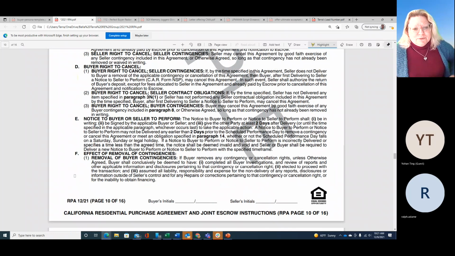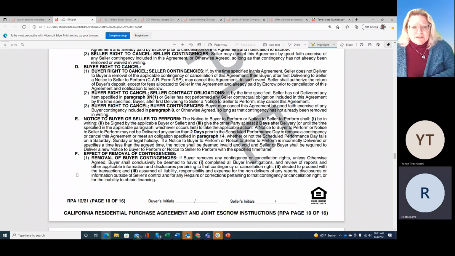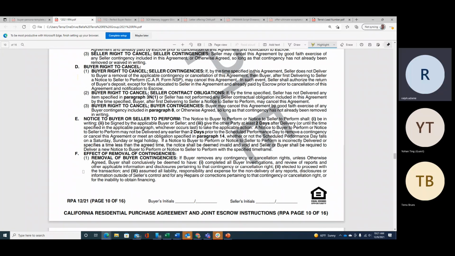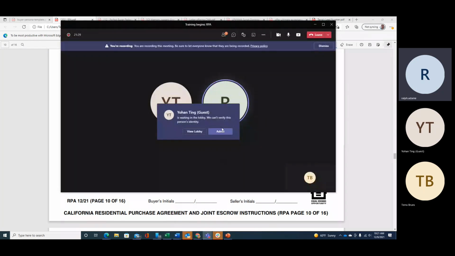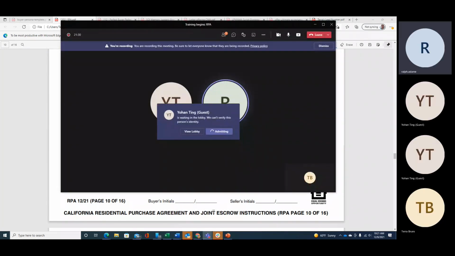All right, effective removal of contingencies. Ralph, removal of buyer contingencies? If buyer removes any contingency or cancellation rights, unless otherwise agreed, buyer shall conclusively be deemed to have, one, completed all buyer investigations and review of reports and other applicable information and disclosures pertaining to that contingency or cancellation right.